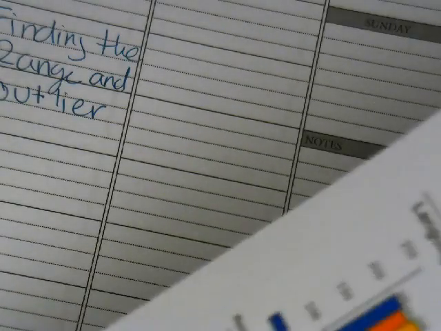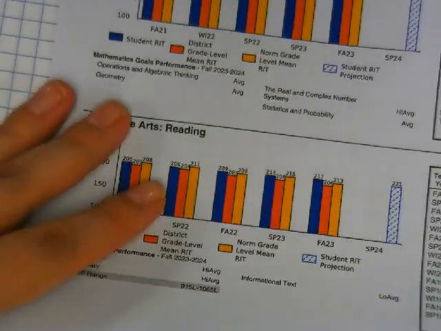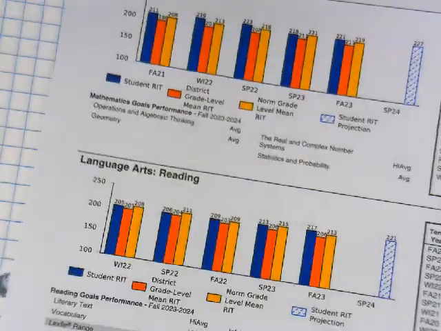All right. Let's glue it into your notebook, because I don't know what to block from your agenda. You are gluing this in your notebook because I'm going to look at your goals in a couple of weeks.